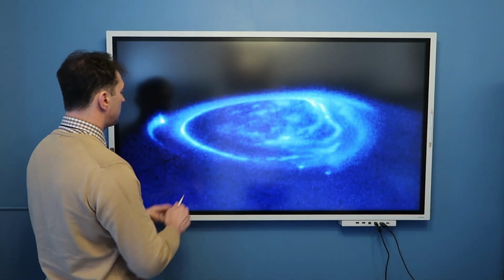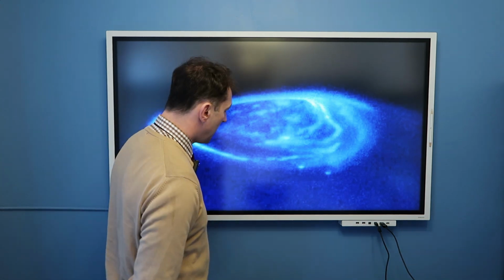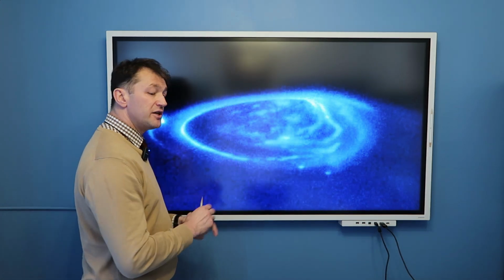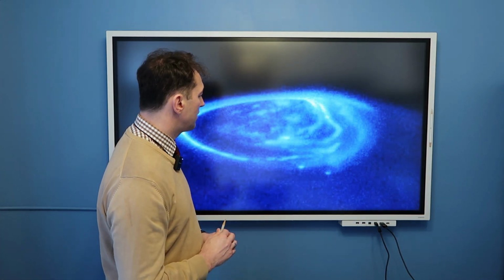And here is once again aurora over Jupiter. As I just said, the prerequisite for a planet to have a magnetic field is to rotate. A planet has to rotate to have a magnetic field, at least through the mechanism that I explained earlier in this video.